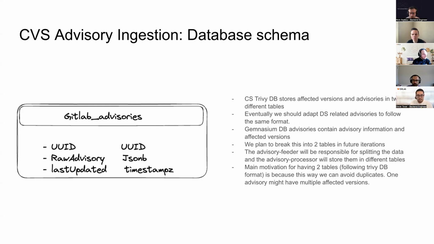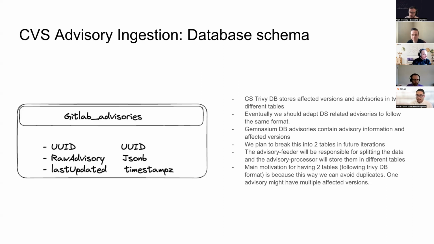In case you don't know this format, PostgreSQL allows you to store a JSON object, and it has the JSON format and the JSONB format. There is a small difference in the sense that JSONB stores binary data, so it does some kind of encoding, and the insert is a bit more costly, but at the end of the day, you can actually access the data inside the JSON object, so it's very nice. And of course, we also have a last updated timestamp.